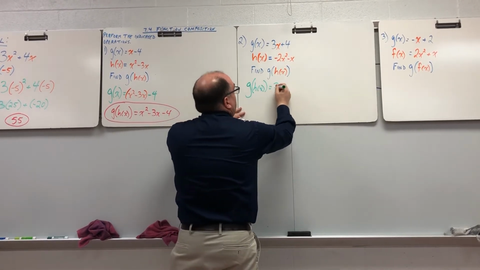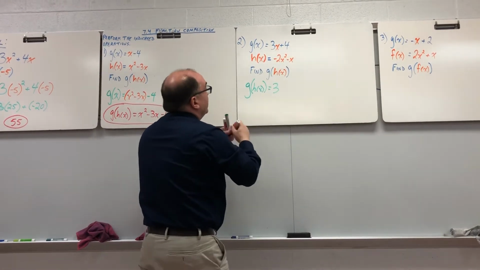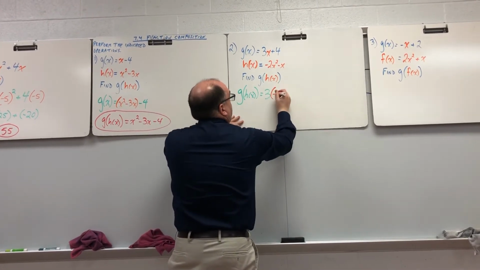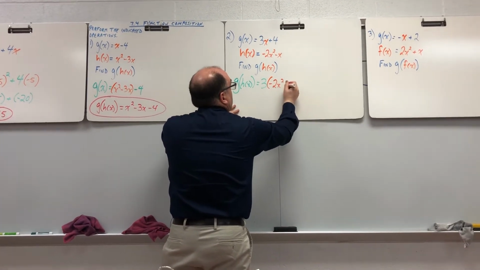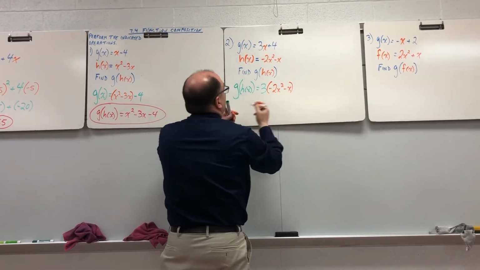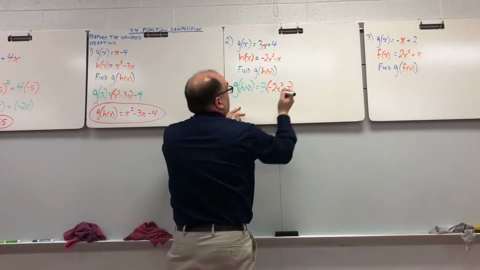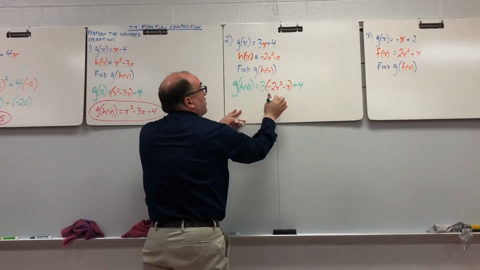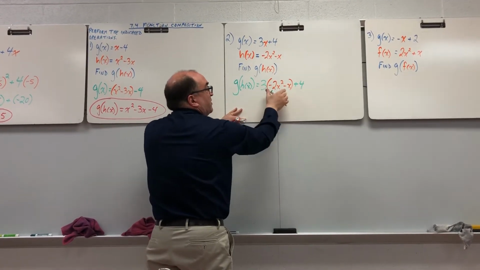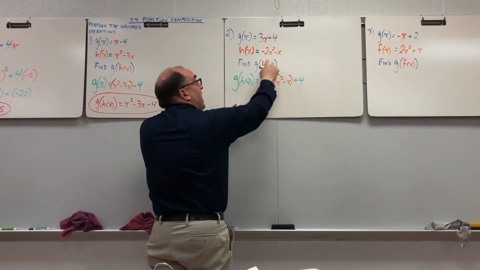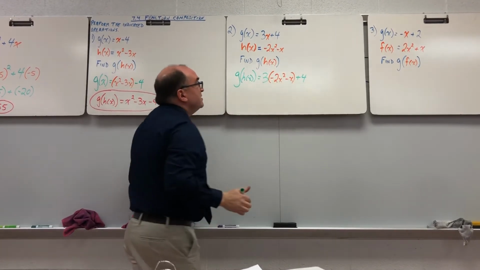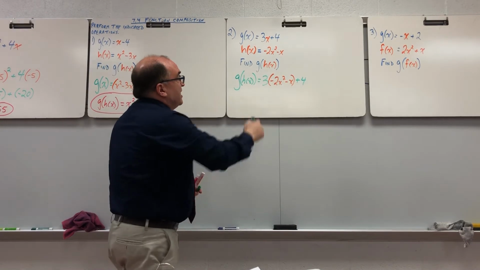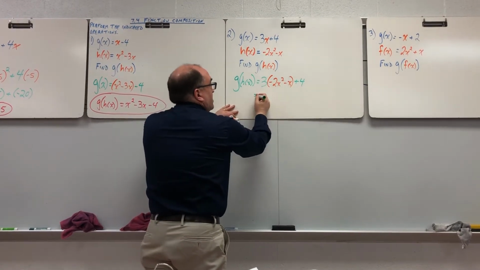equals 3 times what? Negative 2x squared minus x plus 4. Right? This was 3x plus 4. It's 3x plus 4. But the x is h of x instead of x. Okay? Distribute.